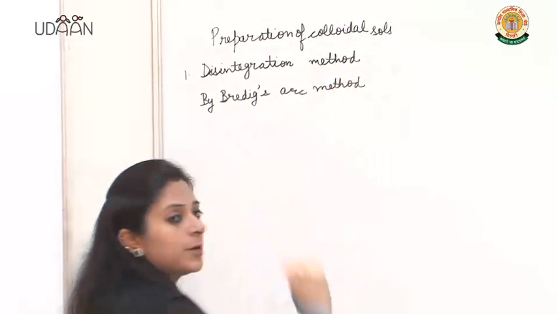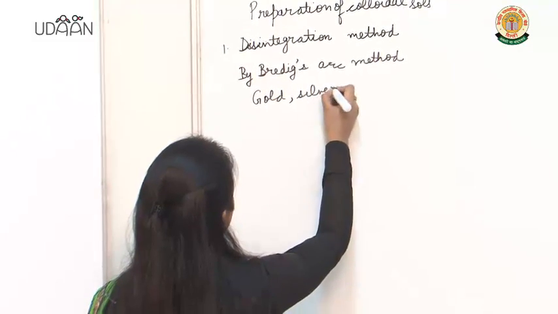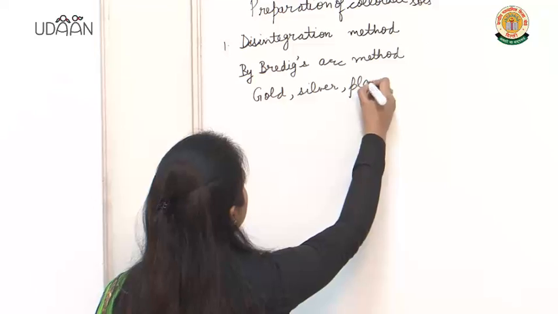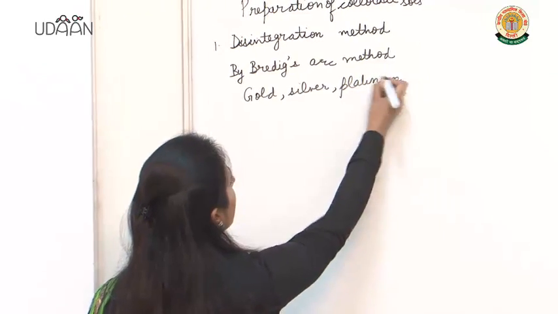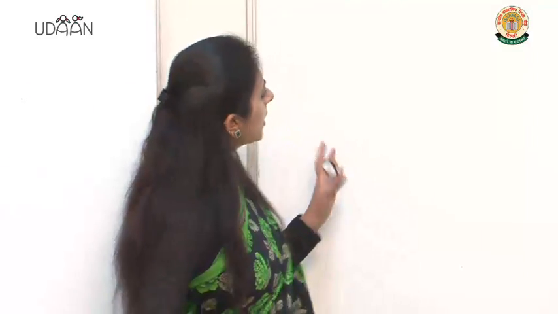Now what do we do in Bredig's arc method? Like we have taken metals gold, silver, platinum और इनके हमने electrodes बनाकर we have suspended them in a water, in a trough which is having water, and we have put some ice into it for cooling. Now what happens when we pass electric current?